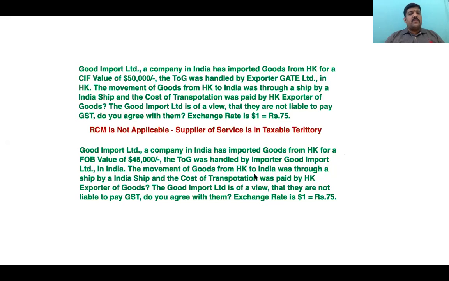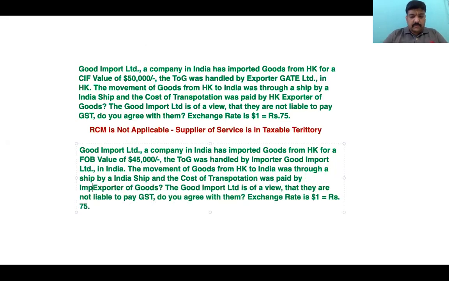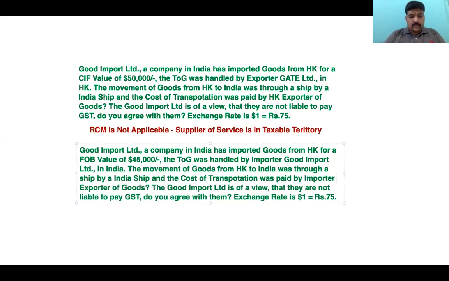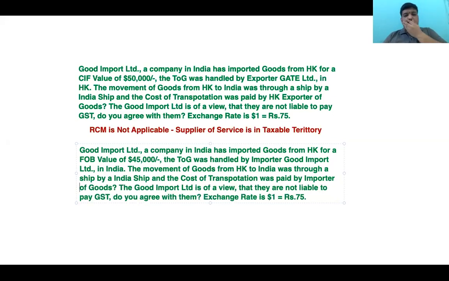The movement of goods from Hong Kong to India was through an Indian ship, and the cost of transportation is paid by the importer of goods, not exporter of goods. That's a typo. Importer of goods.